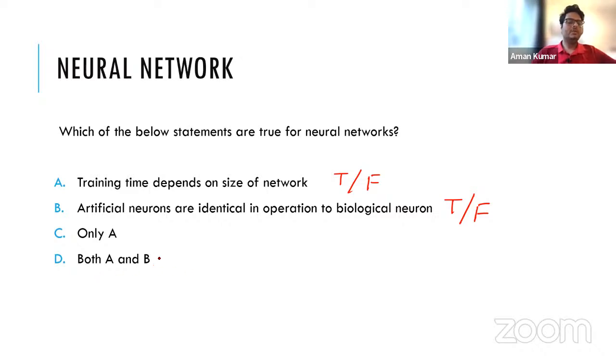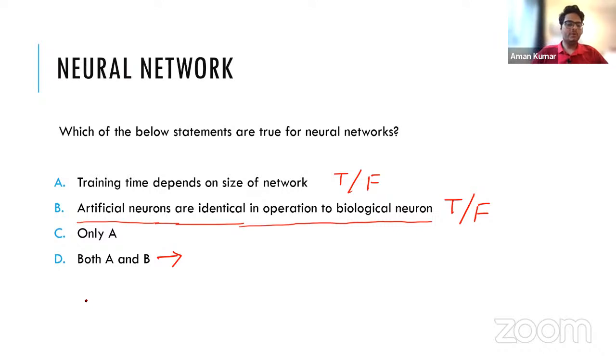I will argue with you if you are saying both A and B. Read this B carefully, guys. It says artificial neurons are identical in operation to biological neurons. Do you think we have replicated everything that a biological neuron can do, or that we can make artificial neurons that smart, perceptive and sensitive?